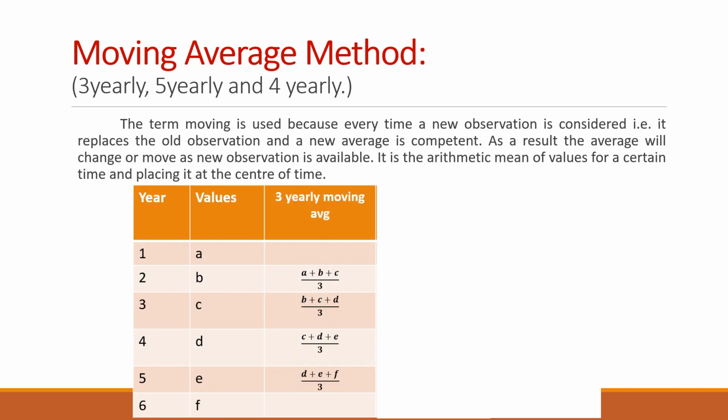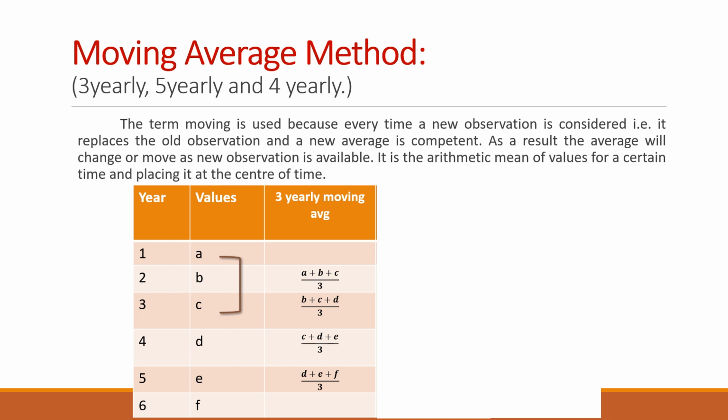For example, if we take years as 1, 2, 3, 4, 5, 6 and values as A, B, C and so on. The variable values may change. In the case of a 3-yearly moving average, as the name suggests, we first consider 3 years' values and average them, that is A plus B plus C divided by 3.